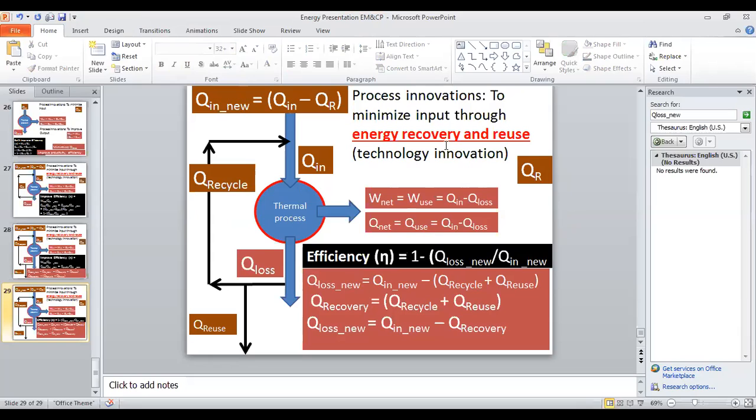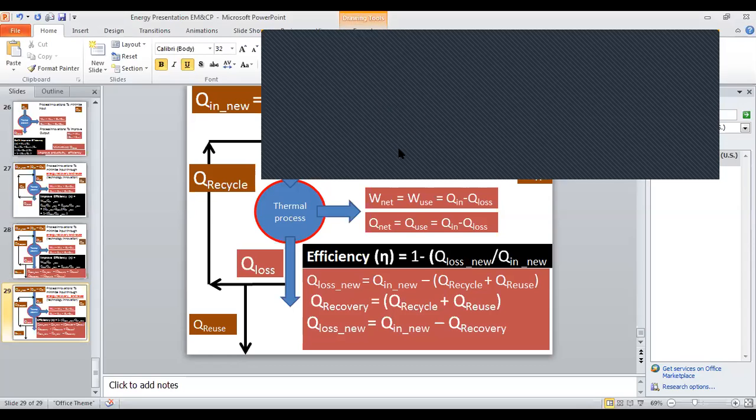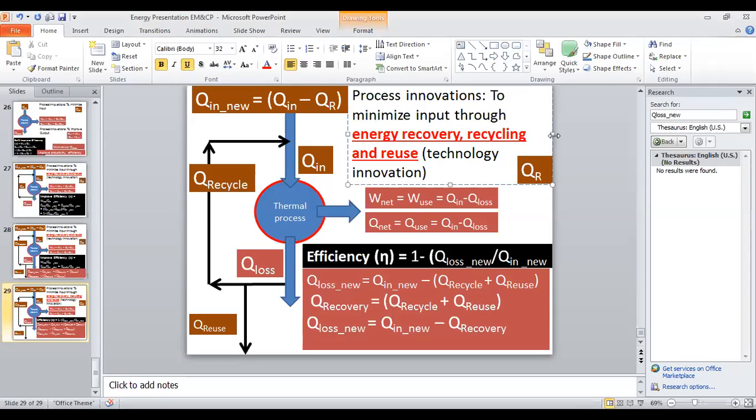Good. Energy recovery, reuse, and recycling. Recycling is not only about material waste, but energy. You do not let the energy go to waste. Instead, recover, recycle.